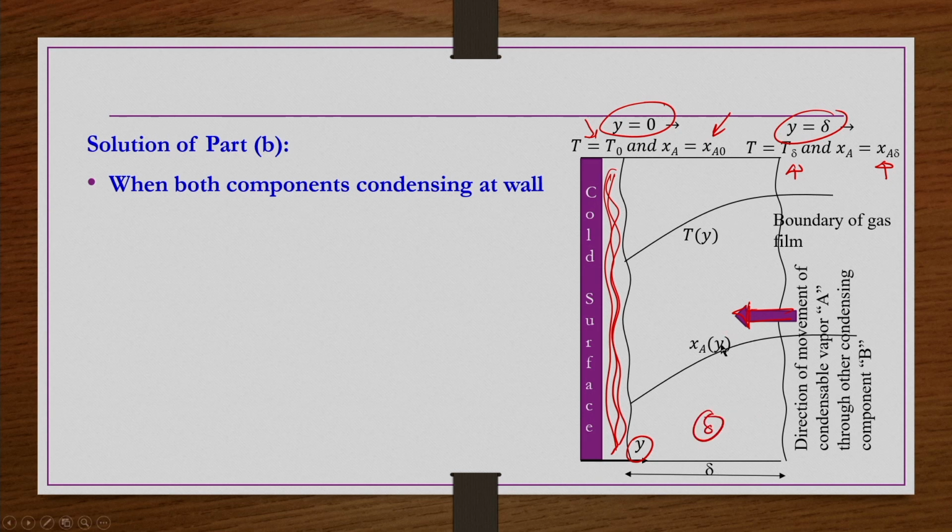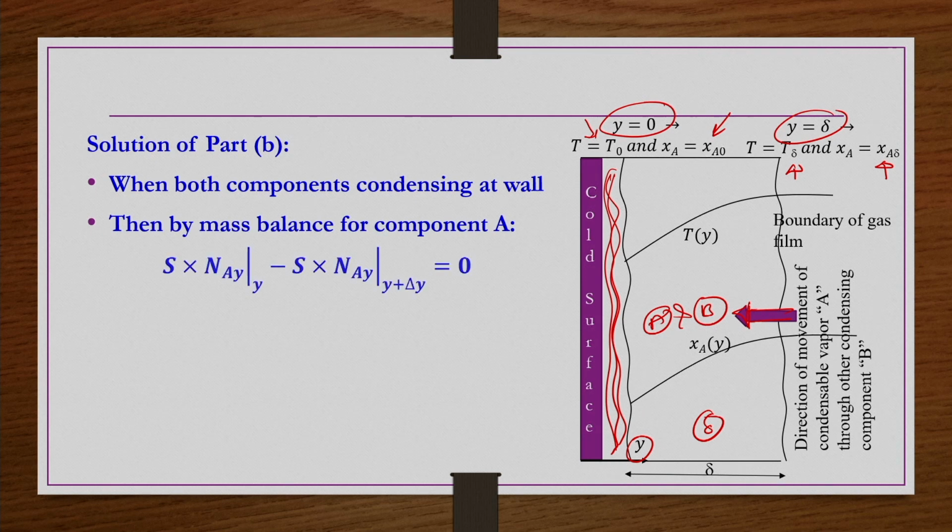Now, both A and B are coming and condensing on the vapors. So, we cannot say that NBY is 0 here in this case. So, mass balance for component A, if you wanted to do, but by taking a film in between of thickness delta y.